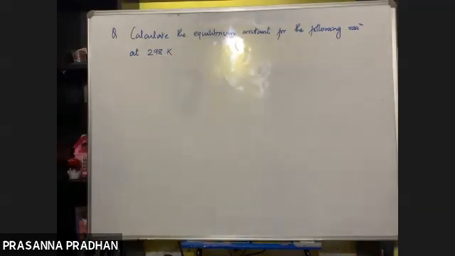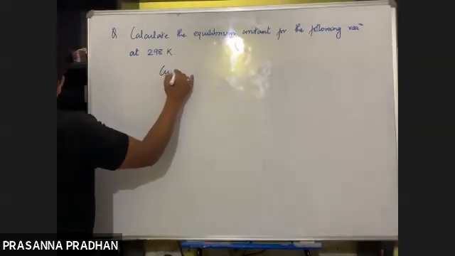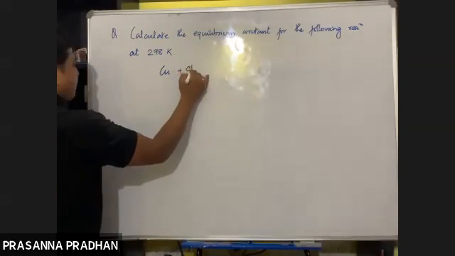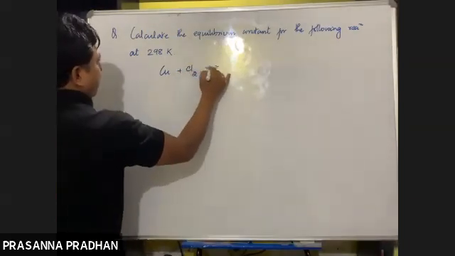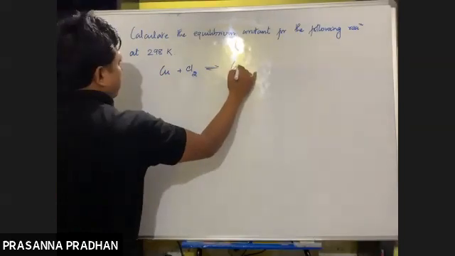Okay. So the reaction is given: copper plus chlorine, in equilibrium.